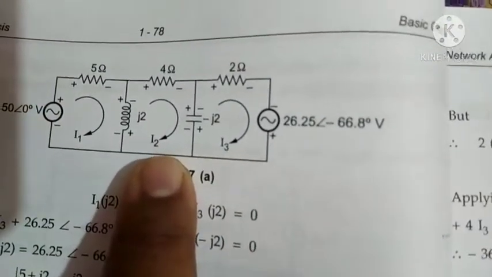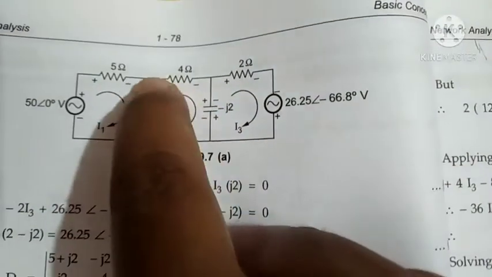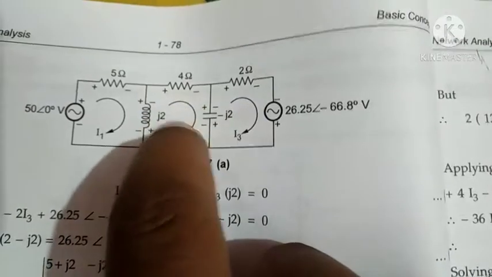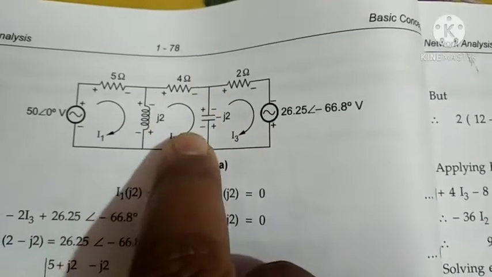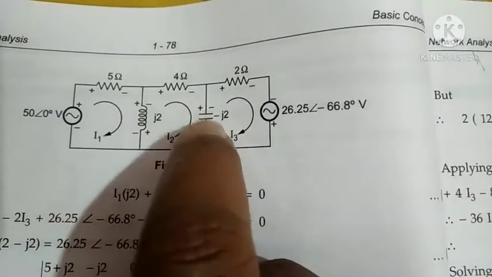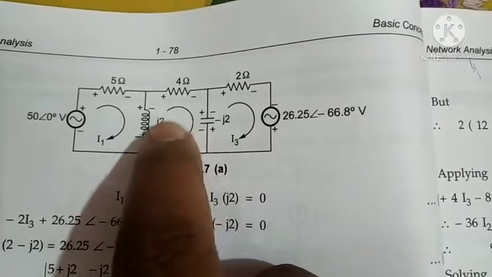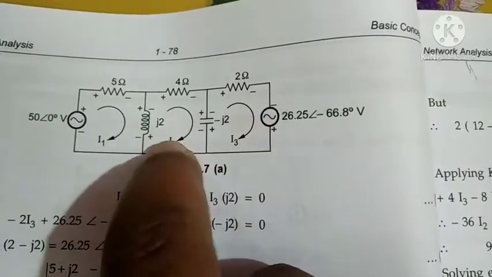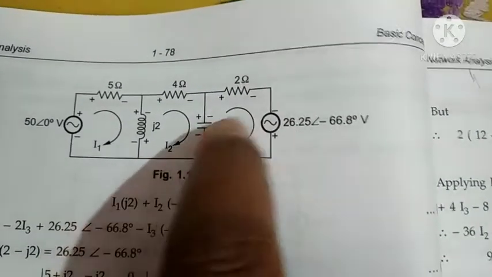So next we will go for the second loop. This is the second loop. Here we have 4. Let us start from this point. Plus minus is there, so minus 4 into I2. Here 2 currents are there, so minus j2 into minus I2, so it will become plus j2 into I2.